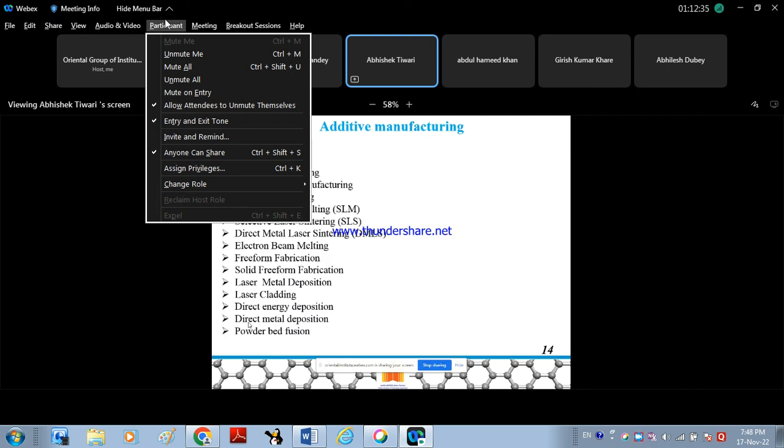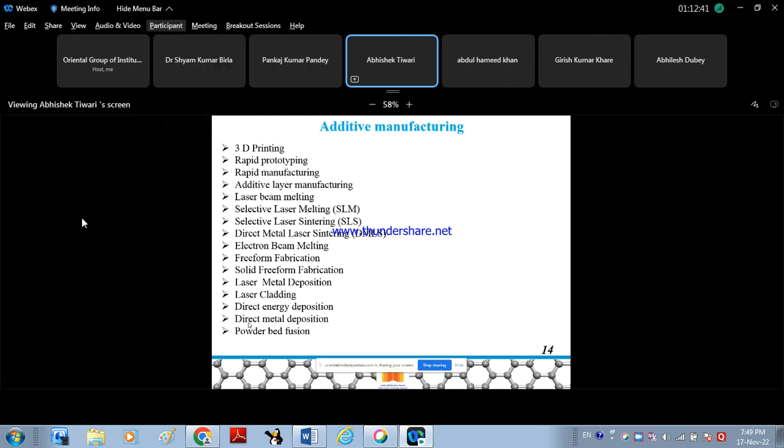Now, there are various names for additive manufacturing which you will see in literature and in various papers. For example, one name is 3D printing, and second, rapid prototyping. The initial name was only rapid prototyping because in earlier days it was used only to make a prototype.